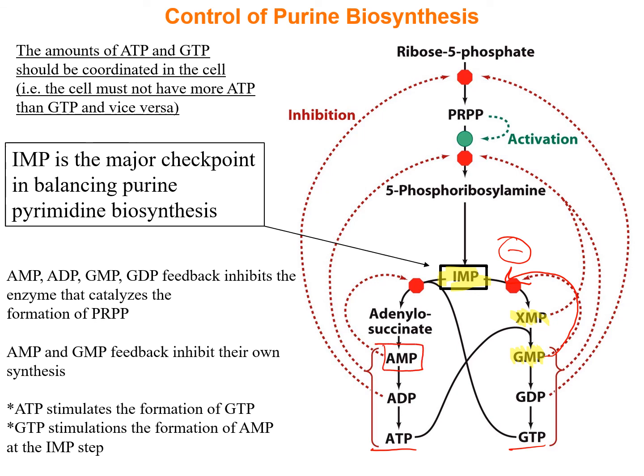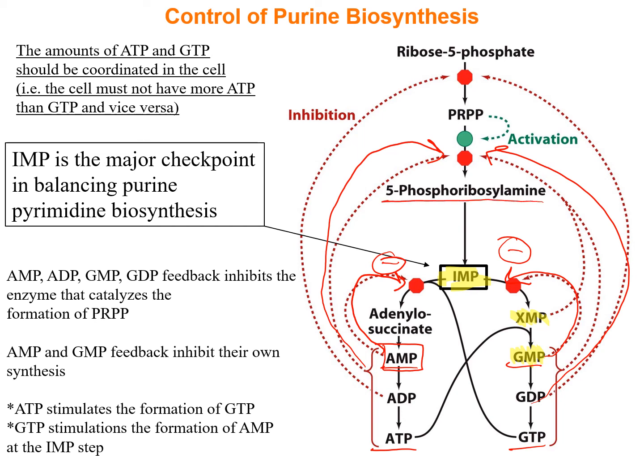And notice that AMP feedback inhibits its own production. So we have feedback inhibition at the monophosphorylated form of the nucleotide. Notice here the diphosphorylated form of the nucleotide feedback inhibits very upstream, at the part where we activate PRPP, the molecule that adds the glutamine, adds that nitrogen, if you remember, in the pathway.